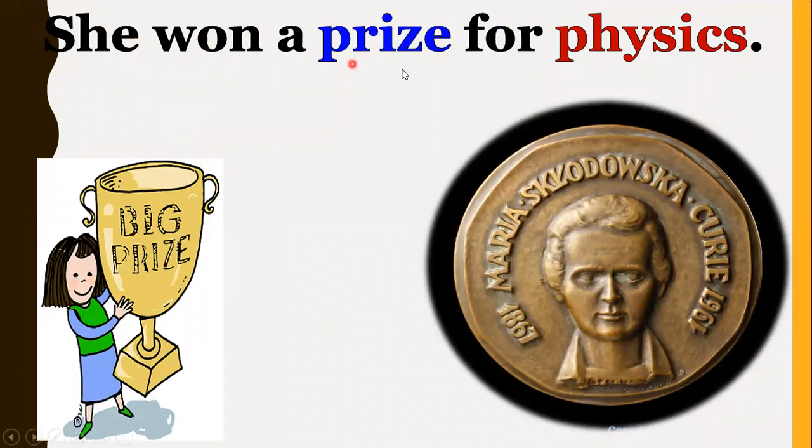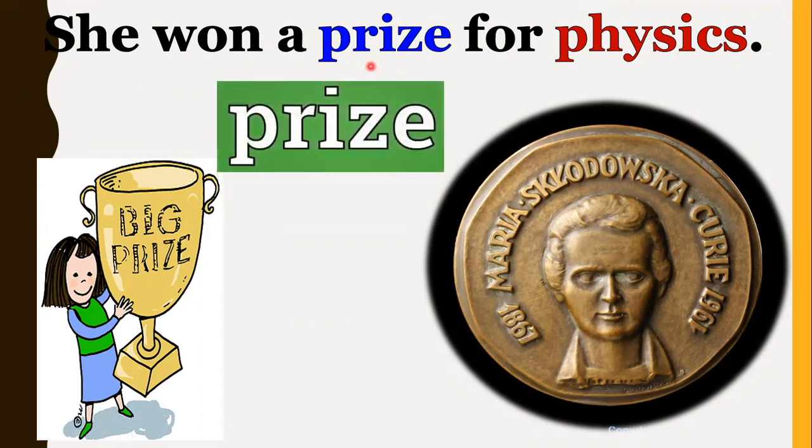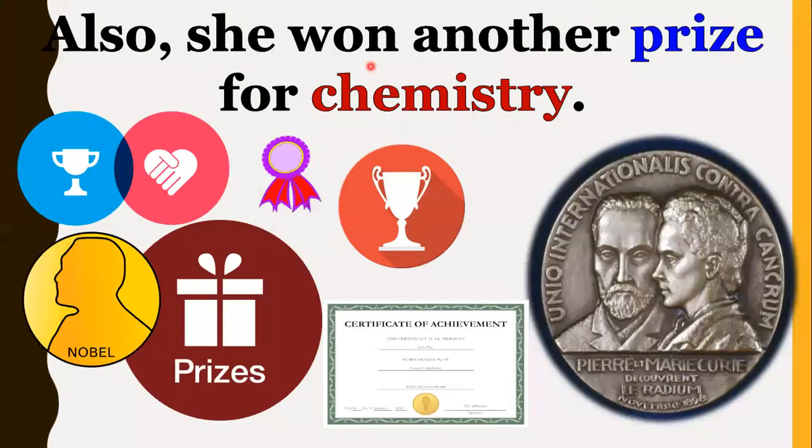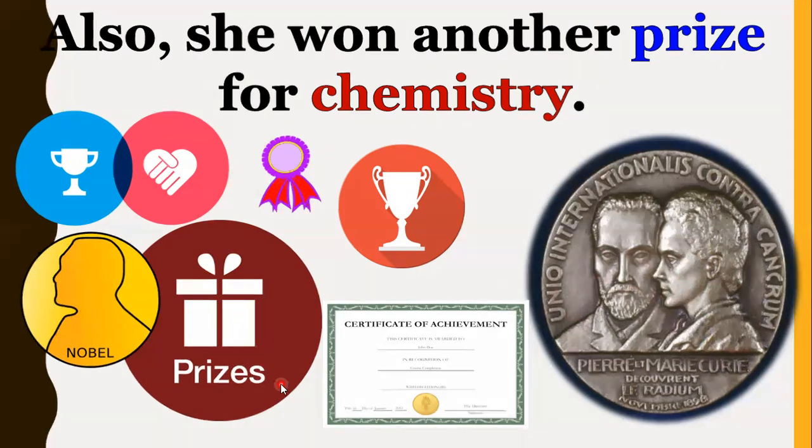She won a prize for physics. What do you mean by a prize? A big prize. Also, she won another prize for chemistry, but she won it with her husband.